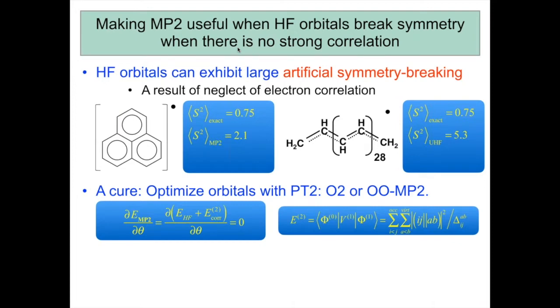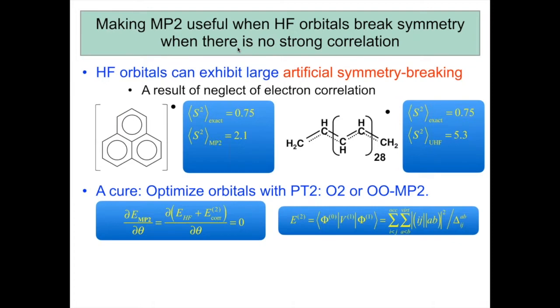And that is the OOMP2 method, which is basically to try and do a Hartree-Fock-like calculation, but instead of just minimizing the Hartree-Fock energy, you minimize the energy with the PT2 correlation correction added on. And the PT2 correlation correction is shown at the right there, and you can see it's very, very simple. It's basically just 2 electron integrals ij double bar AB squared divided by energy denominator differences.